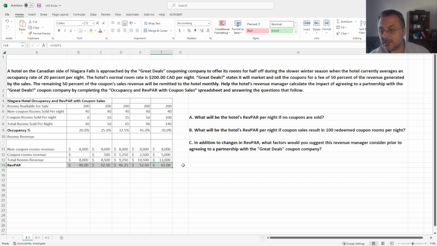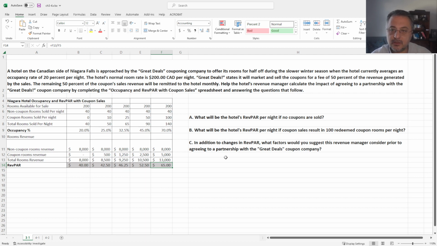But the next question asks, in addition to changes in RevPAR, what factors would you suggest as revenue manager consider prior to agreeing to a partnership with the Great Deals coupon company? Now, there are many answers to that. You can come up with many things, but I'm going to focus on a few of them.